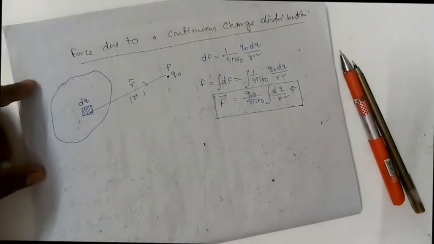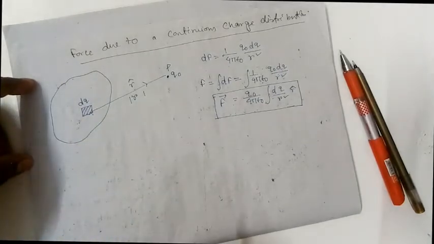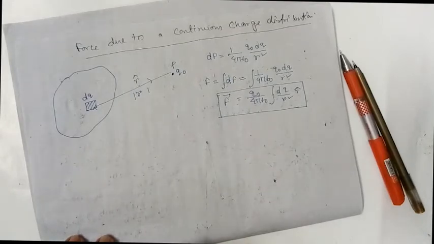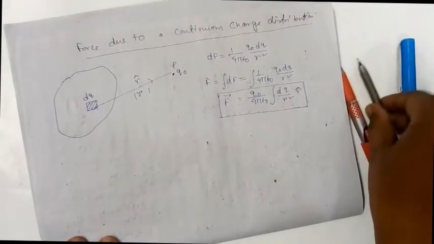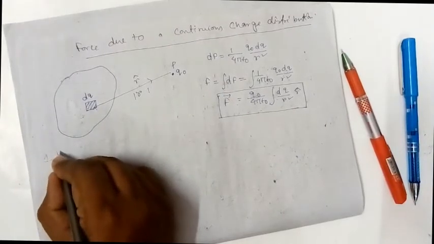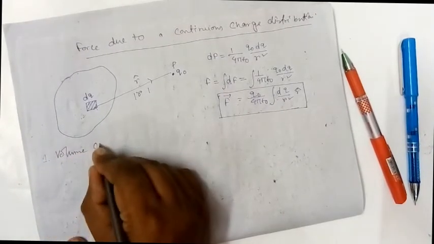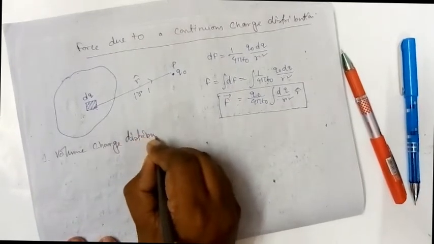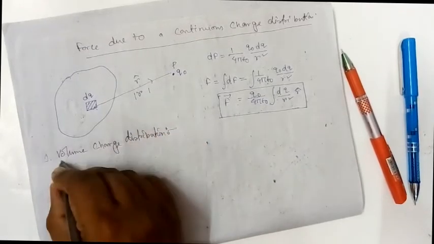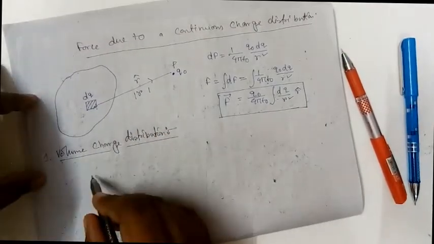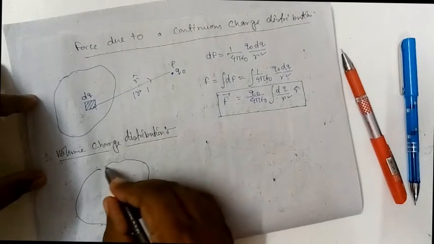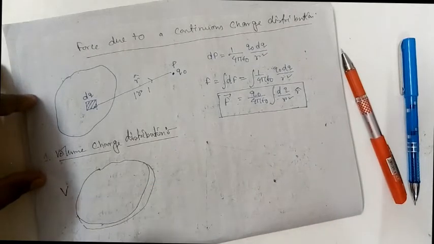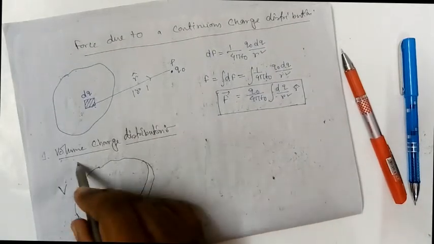Let's see, the charge is distributed over a volume. How can we find the force? Number one, we have to see the volume charge distribution. Assume this is an object having a certain volume V, and the total charge distributed here is q.